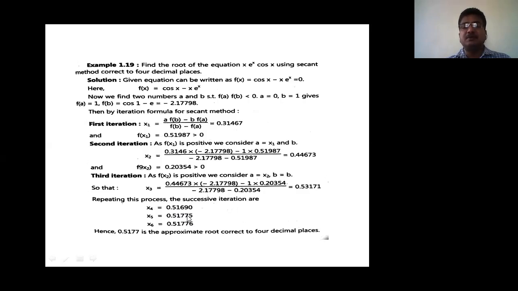If you subtract these two numbers, we get 0.0000 something, that is, this answer is correct up to 4 decimal places. And here the instruction is to use the method correct to 4 decimal places. And therefore, the last sentence is: the approximate root of the given equation is 0.5177.